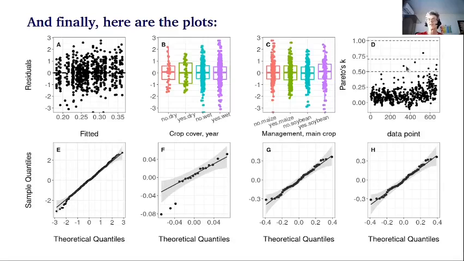The Pareto K coefficients suggest that we have 1, 2, 3, 4, 5 points in just the OK range and 1 in the bad range, but all the rest of the points are pretty good. Pretty good in the sense that they did not have an important influence on the posterior distribution of this fitted model.